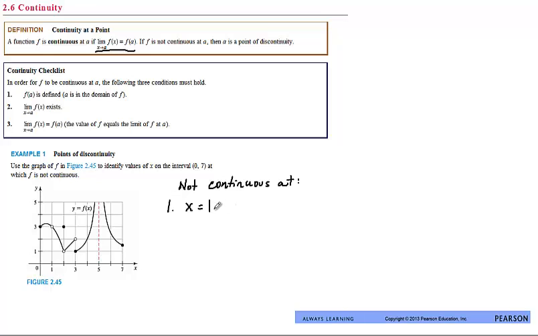Why not? Because f of 1 doesn't exist, it's not defined.